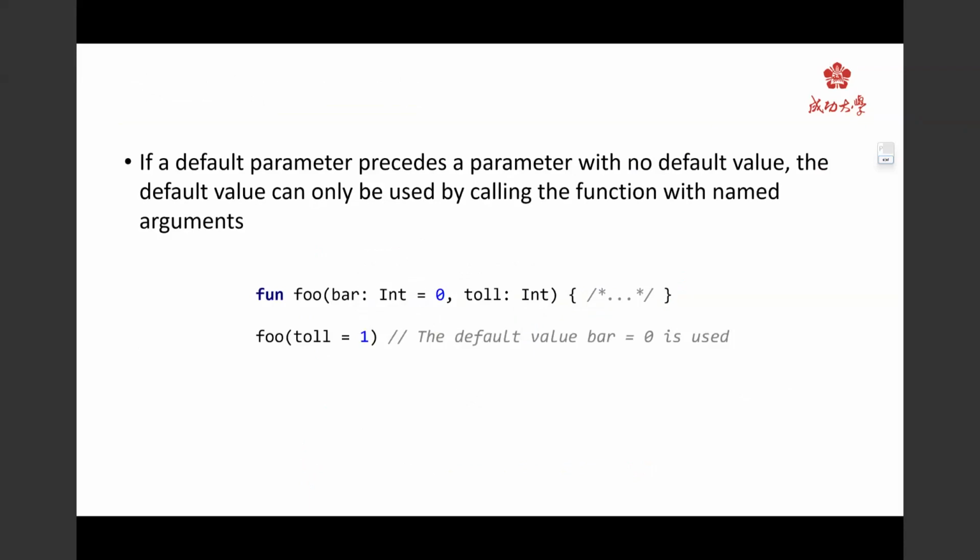So for example, we have a foo function over here, and the first parameter has a default value 0, but the second parameter has no default value. And if you want to use the default value for the first parameter over here, then the second parameter must be named when calling the function. That's what this statement means over here.